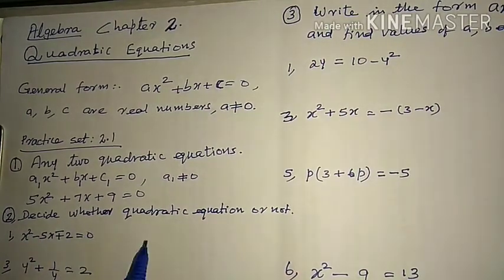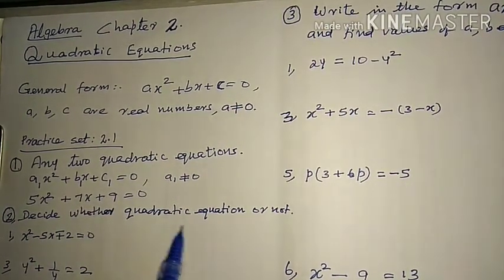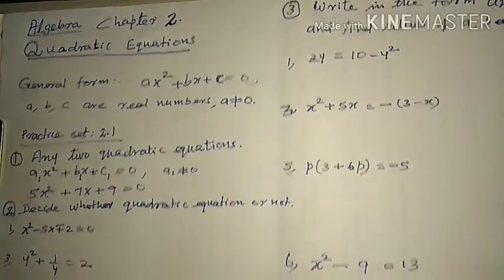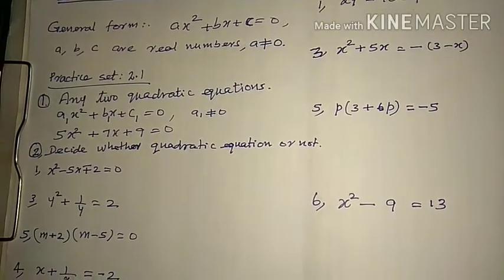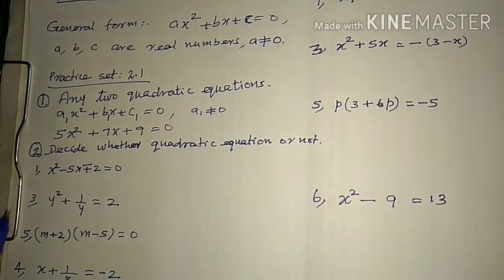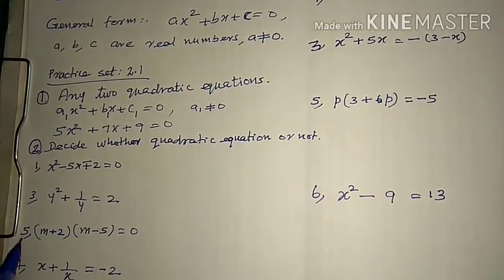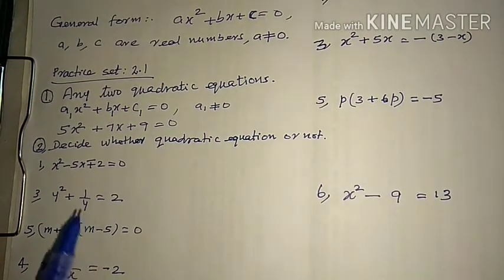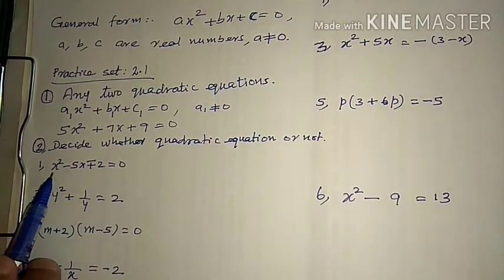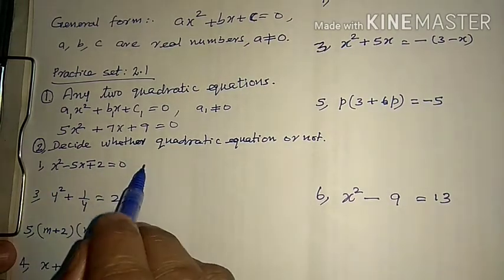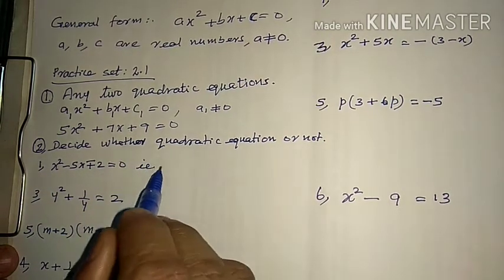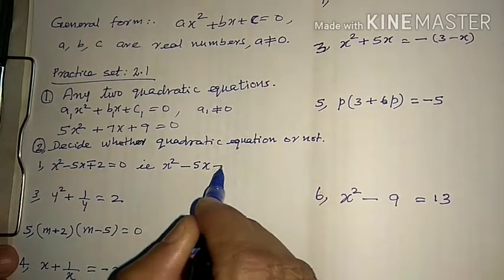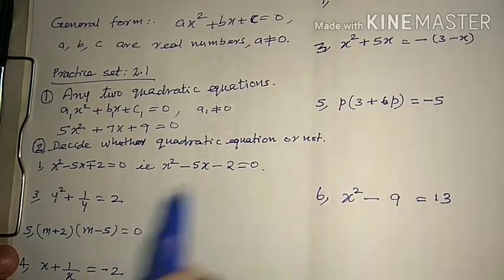Now question number 2. Decide whether given equations are quadratic or not. Some equations are given. We have to check whether it is quadratic or not quadratic. I do question number 1, 3, 4, 5 because 6 is very easy. Now this is x square minus 5x minus 2 equal to 0.